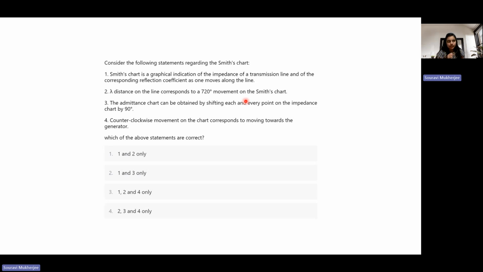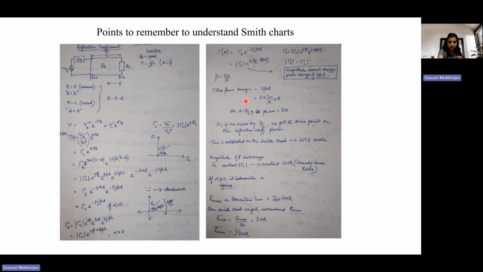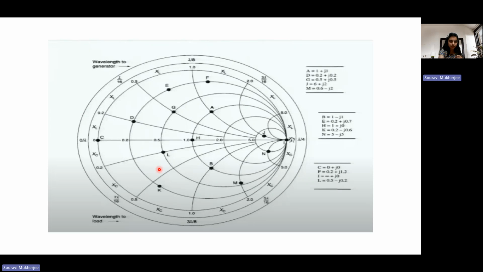So in terms of the phase, when you do 1 by, on the Smith chart, if you are somewhere here and you go from the impedance to the admittance form, admittance is nothing but 1 by impedance, right?